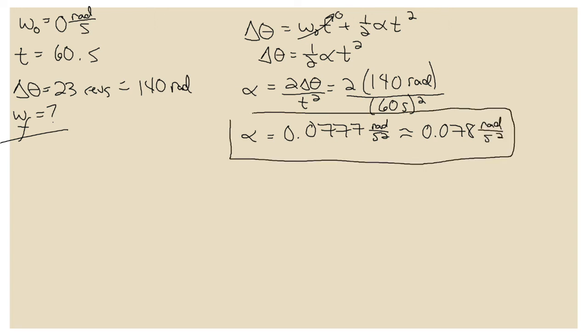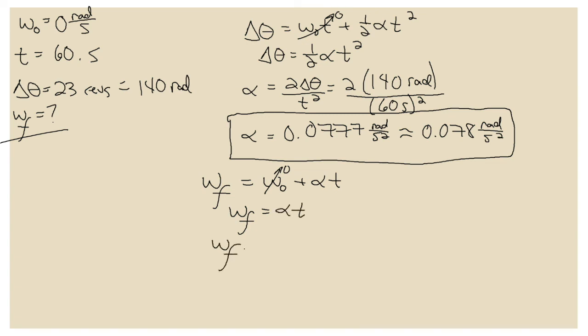Now that you have your alpha, you have a choice of what to use to solve for the final angular velocity. But to my mind, this equation seems the easiest. Omega final equals omega initial plus alpha t. And of course, because this thing starts from rest, you end up with just omega final equals alpha t.